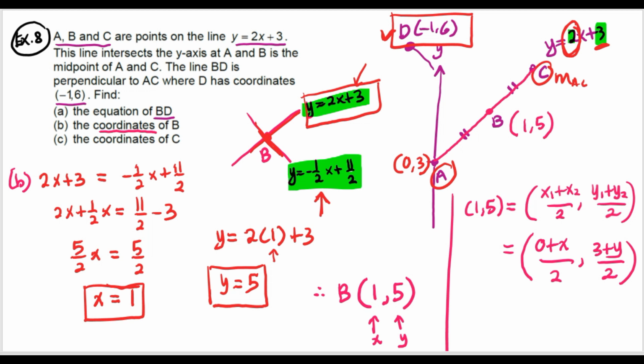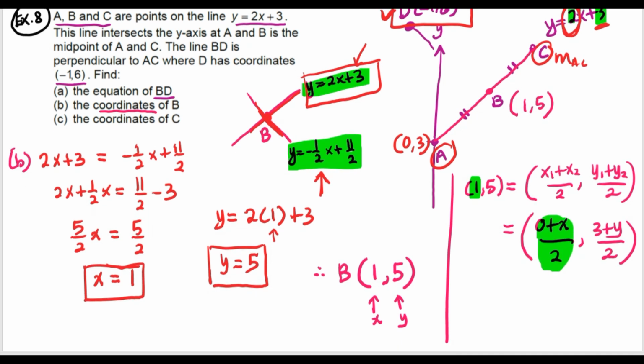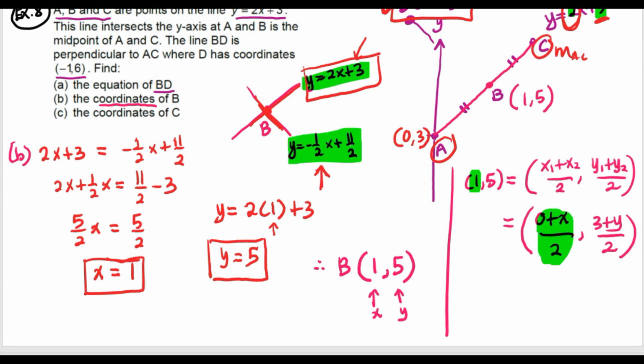Now by comparing, this is equal to 1, 5. So we have 1 is equal to x over 2, therefore x is equal to 2.